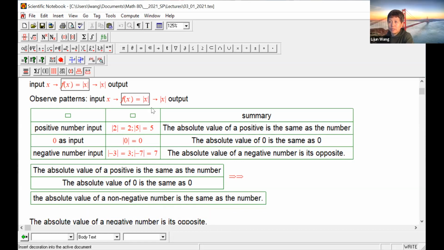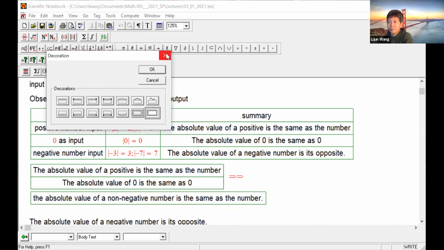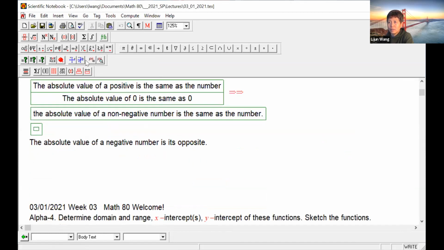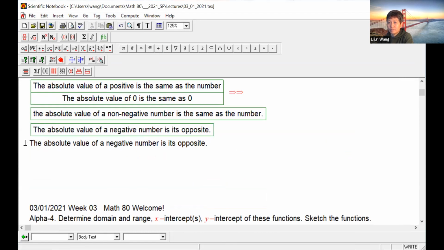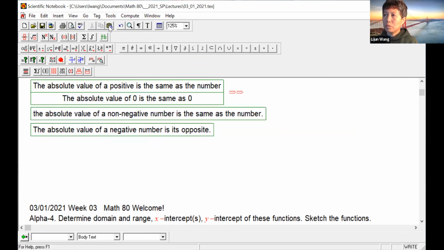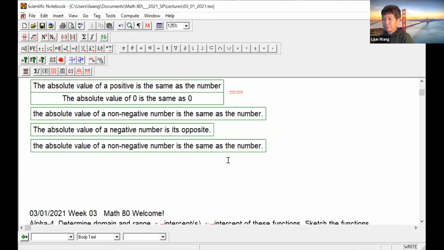Okay, so we're going to put these 2 together, and we put it right here. Now, how will these be translated into a mathematical expression?